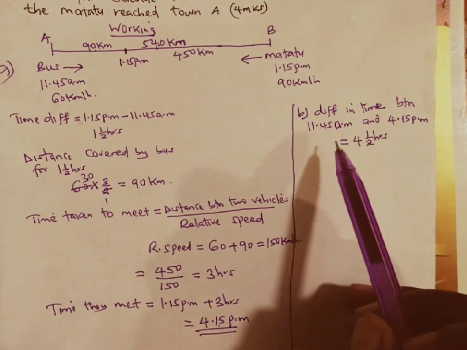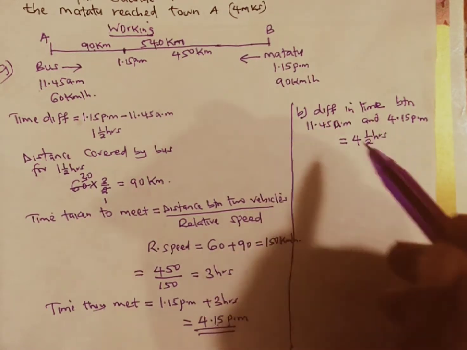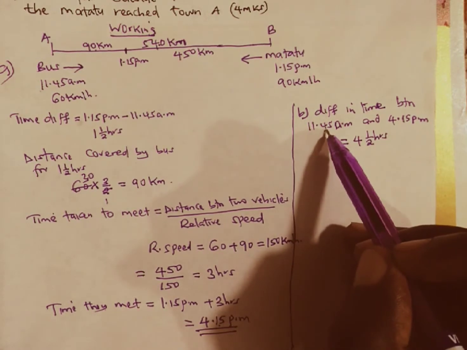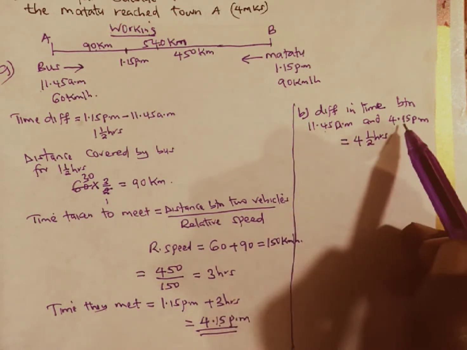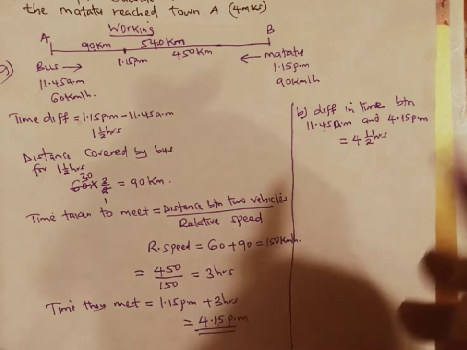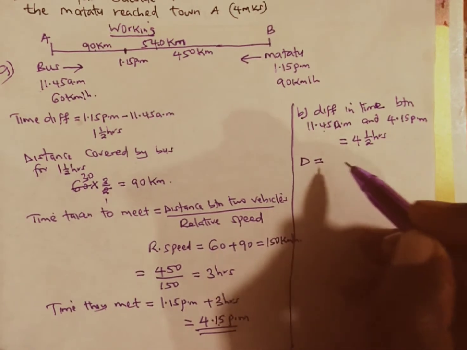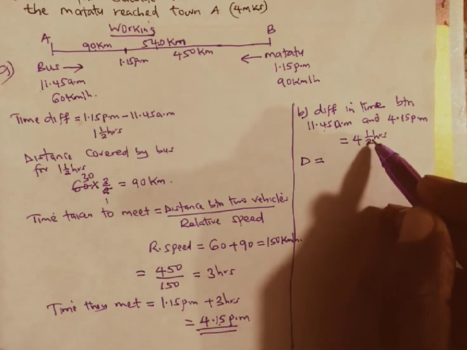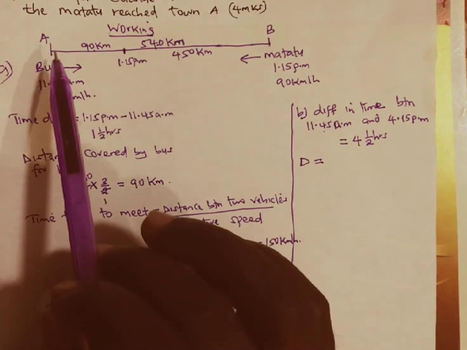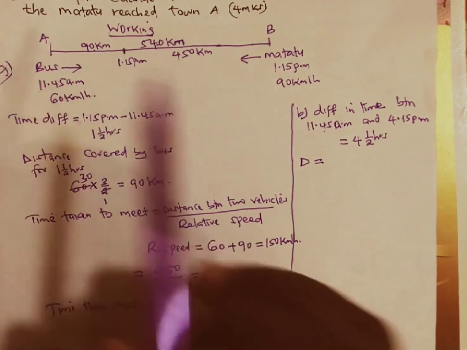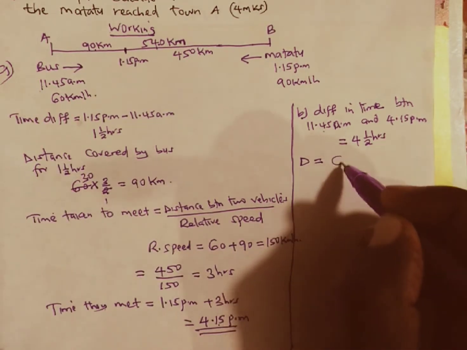Now that we have the time between 11:45 when the bus started and the time when the two vehicles met, we can now calculate the distance, and we know distance is given by speed times time. Since we are calculating the distance from A, we are going to use the speed of the bus, which is 60.